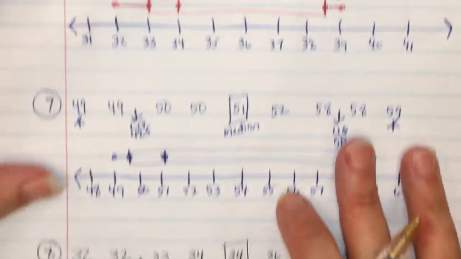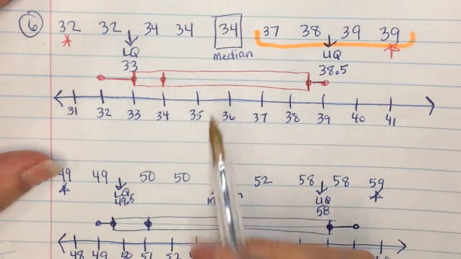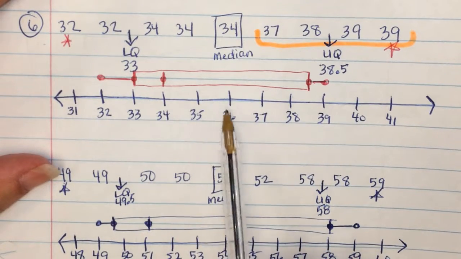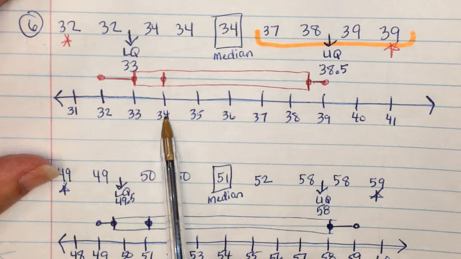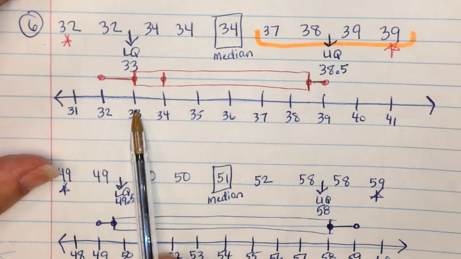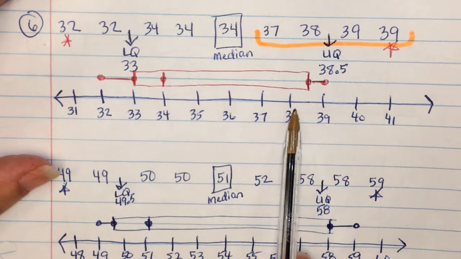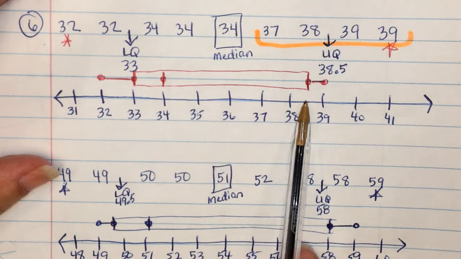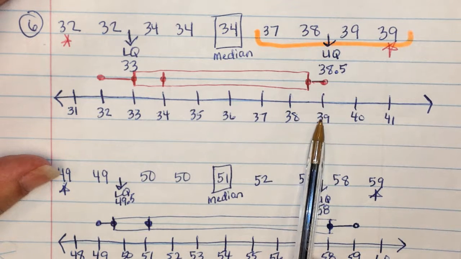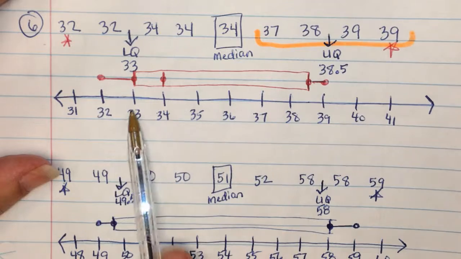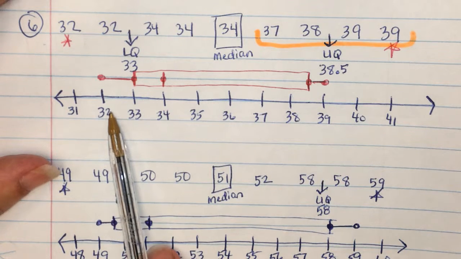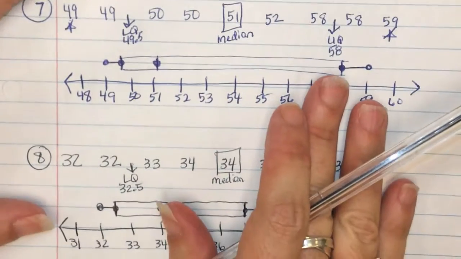So, let's check 6, 7, and 8 real quick. We've got 6. The median is 34. LQ 33. UQ 38.5. Highest number 39. Lowest number 32. Number 7.